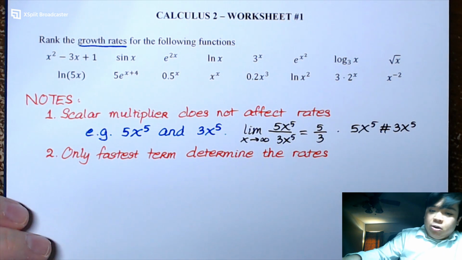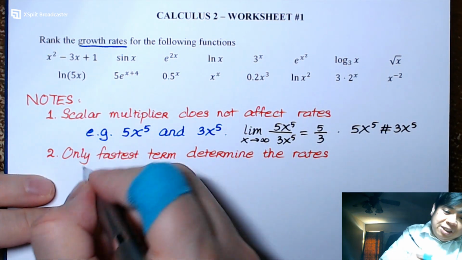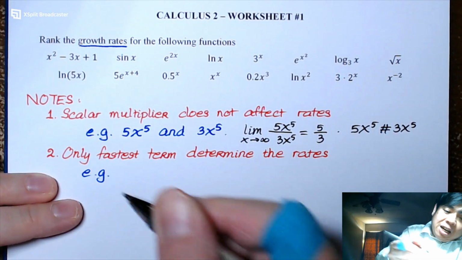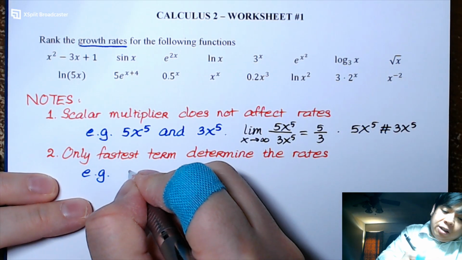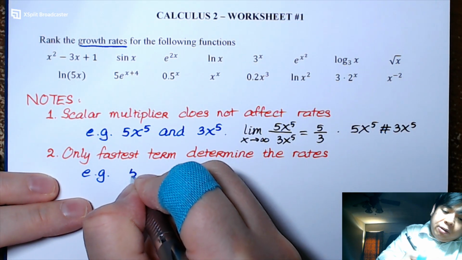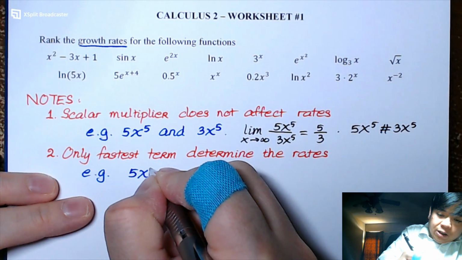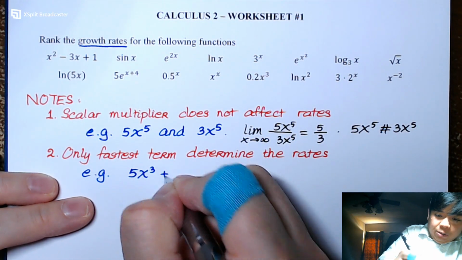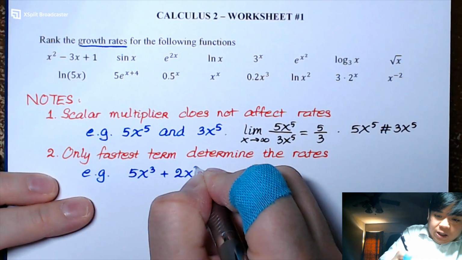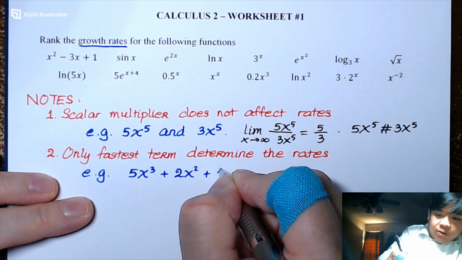To give you an example, let's say we have 5x cubed plus 2x squared plus 15x.